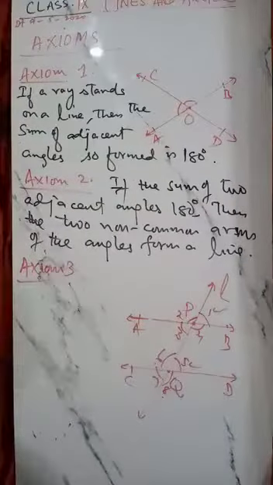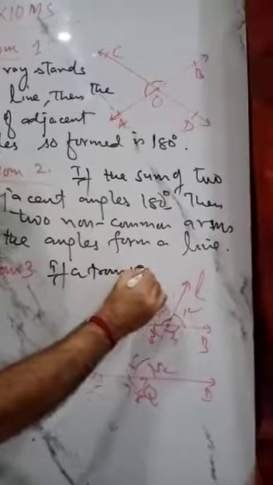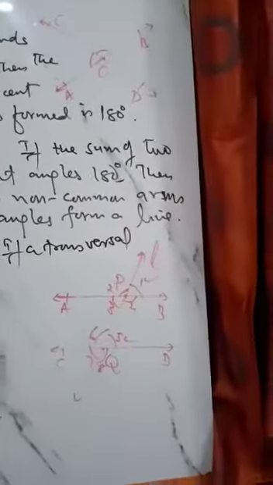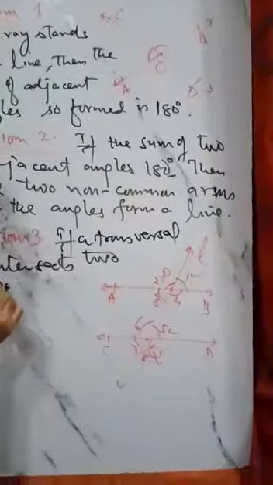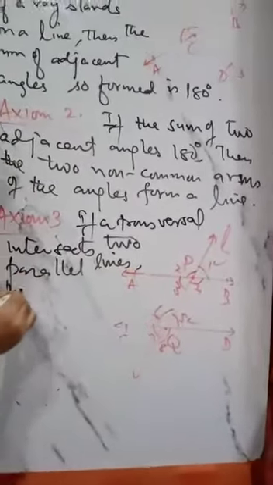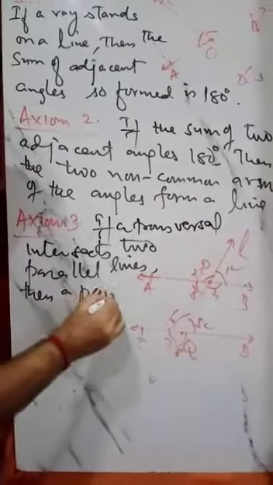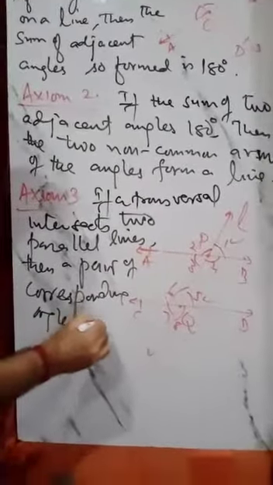So I will write here: if a transversal intersects two parallel lines, then a pair of corresponding angles is equal.